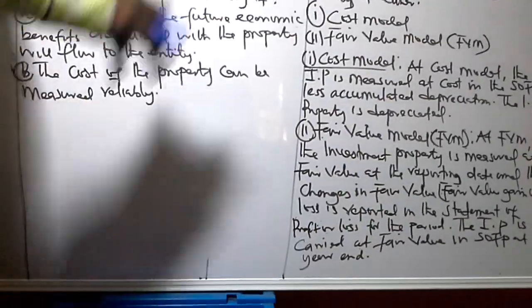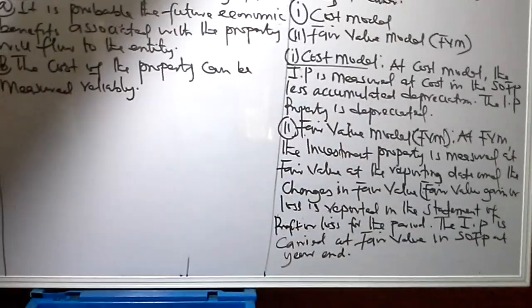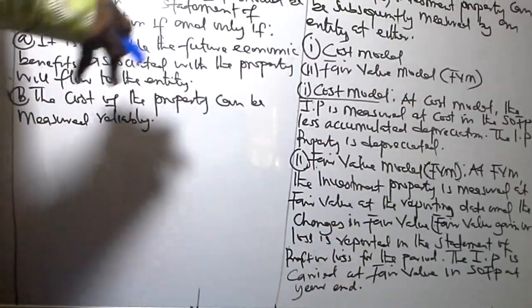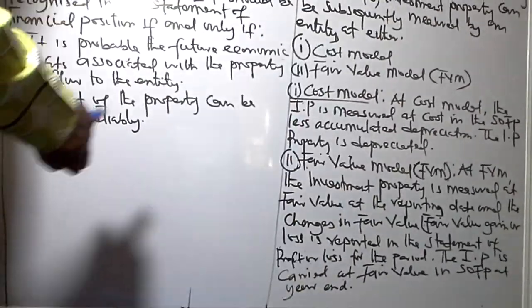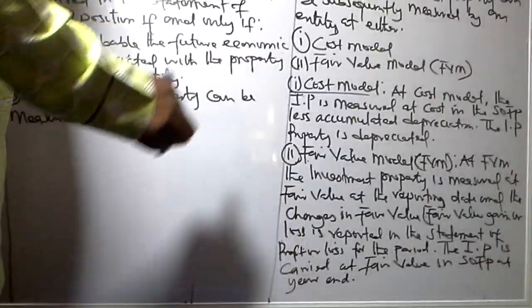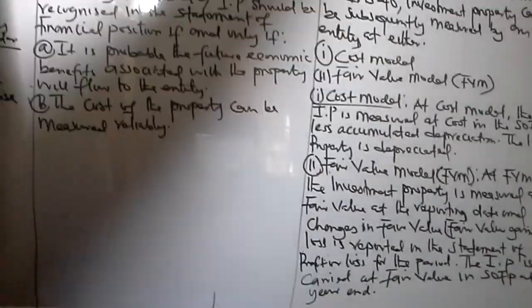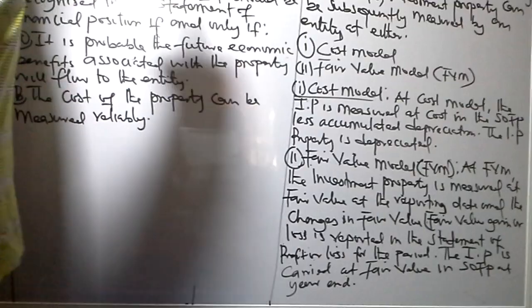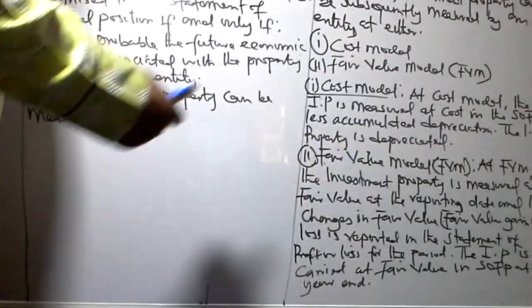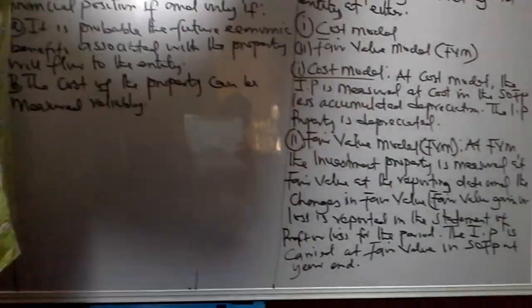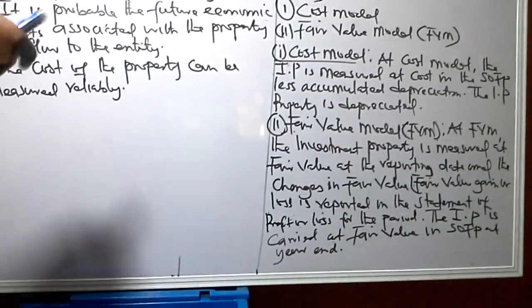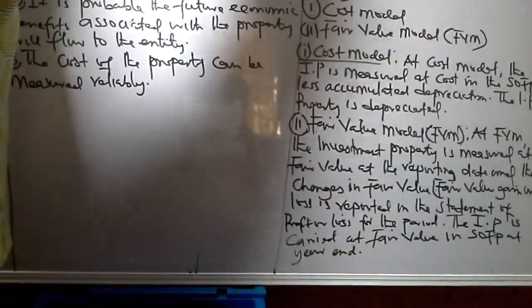There is a fair value gain. So the fair value gain or loss is reported in the income statement of the year, while the investment property is carried in the balance sheet, or in the statement of financial position, at the closing fair value.